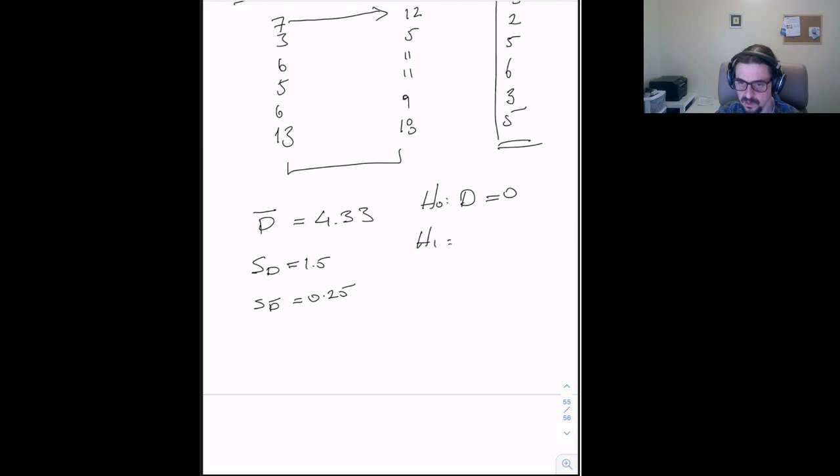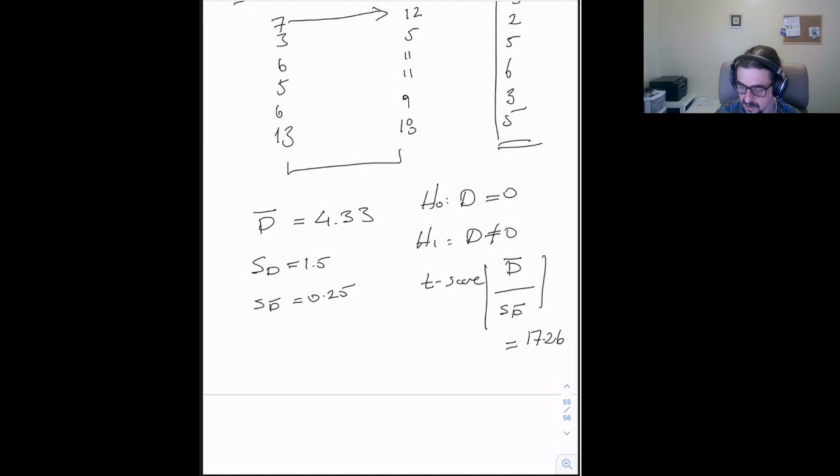And H1 says that D is not equal to 0. So this becomes a one sample t-test, in the sense that your t-score is d bar divided by SD bar. If you do that for this example, we'll find that this is 17.26, and that's my t-score.